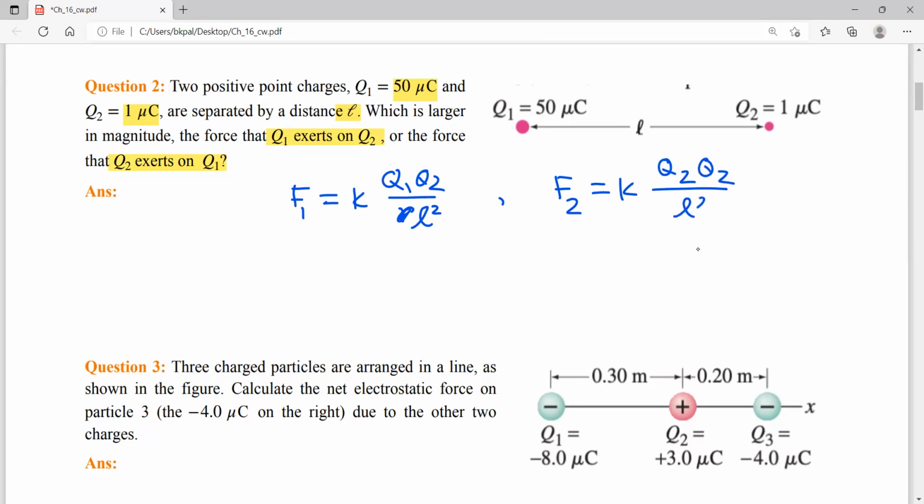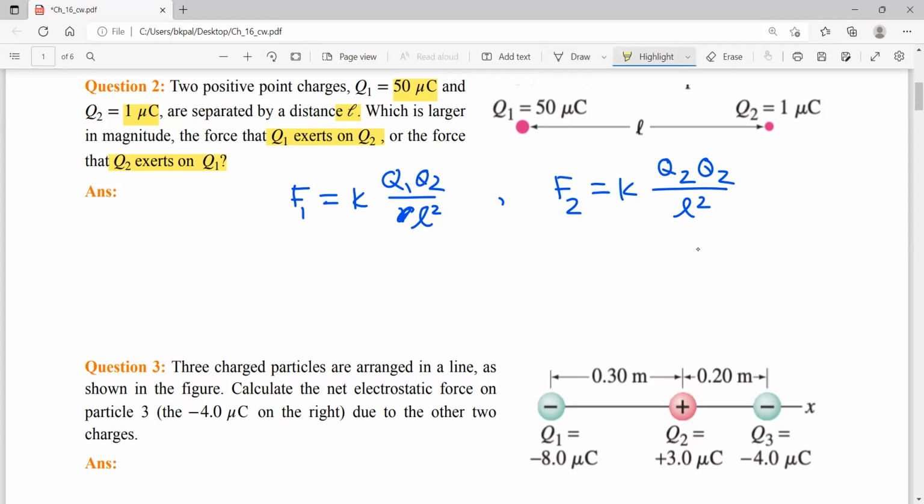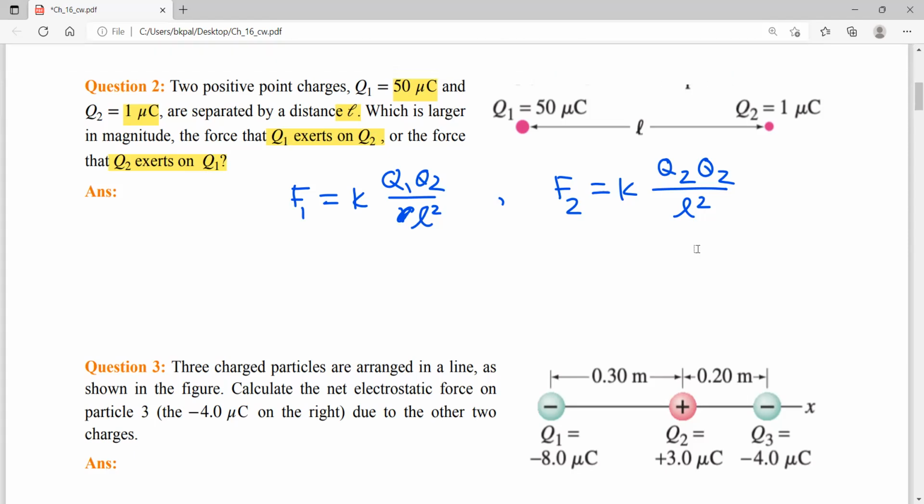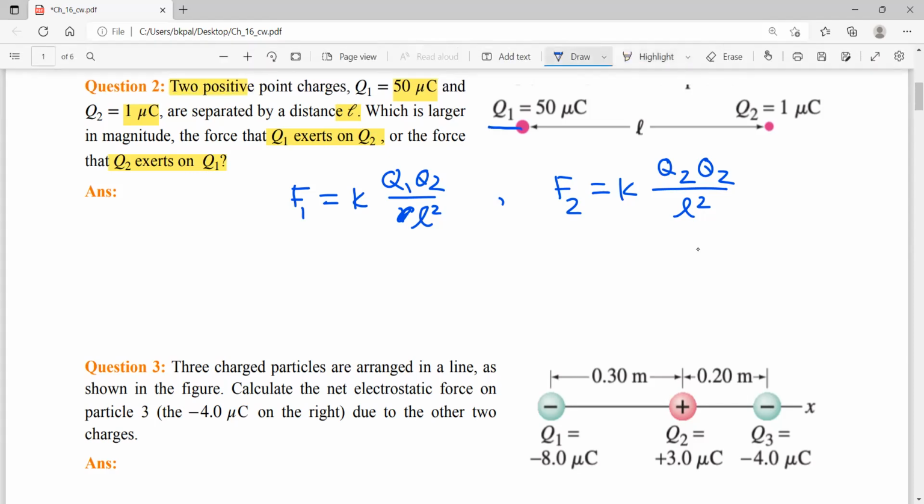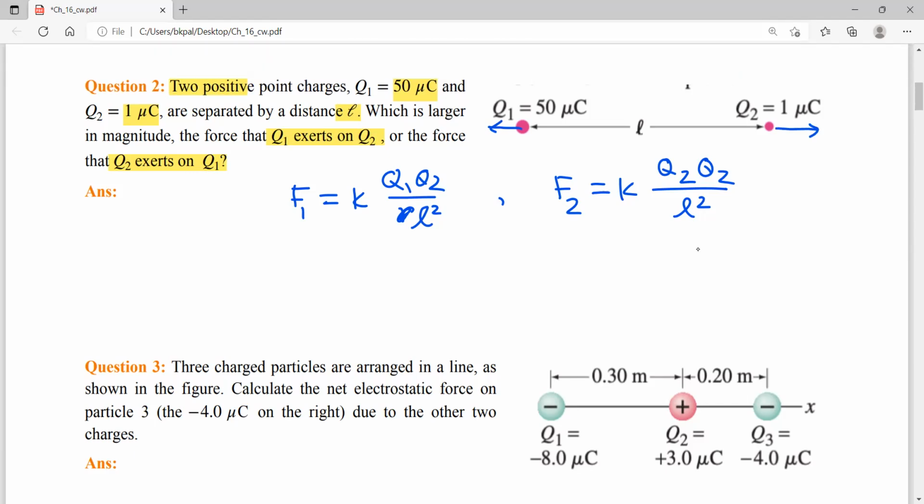So the answer is the magnitude will be the same, although the direction will be different. Direction depends on the sign, whether they are positive or negative charges. Because both are positive charges, one will go in this direction, another will go in this direction. Although the directions are different, the magnitude will be the same.